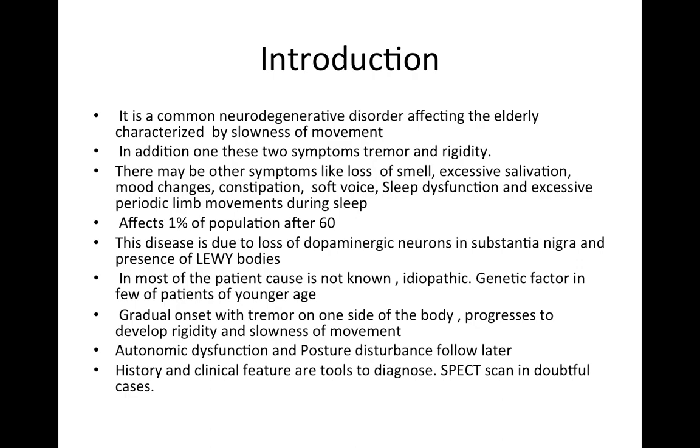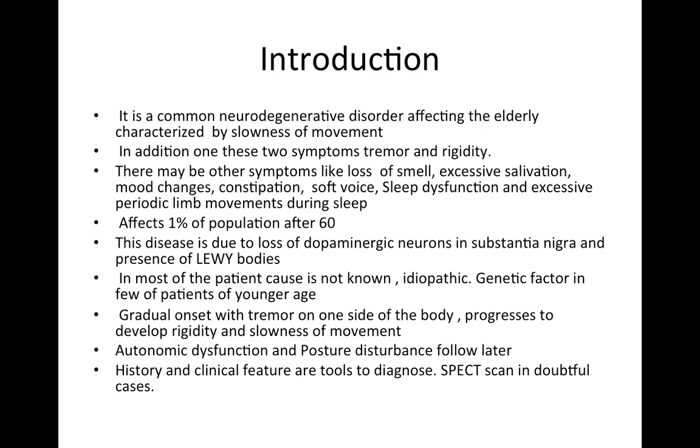This disease has a gradual onset involving tremor on one side of the body, that slowly progresses to develop rigidity and slowness of movement. As the disease progresses, there could be autonomic dysfunction and postural disturbances in course of time.